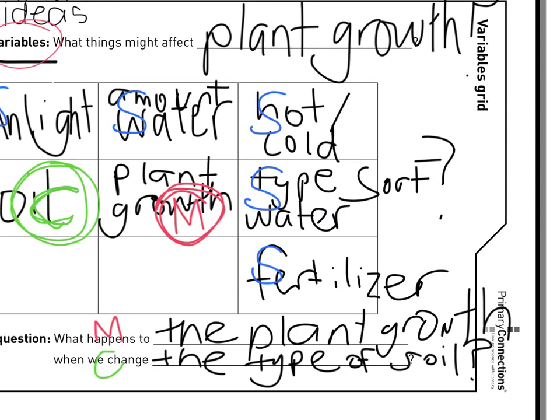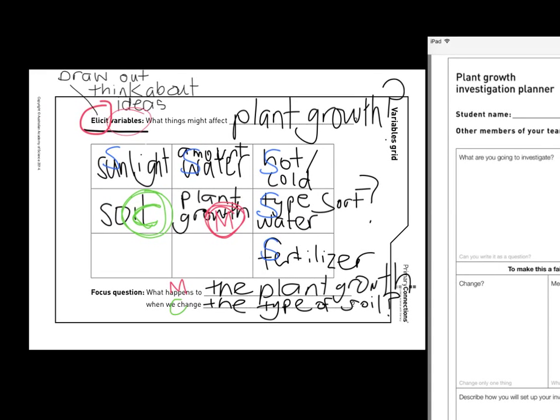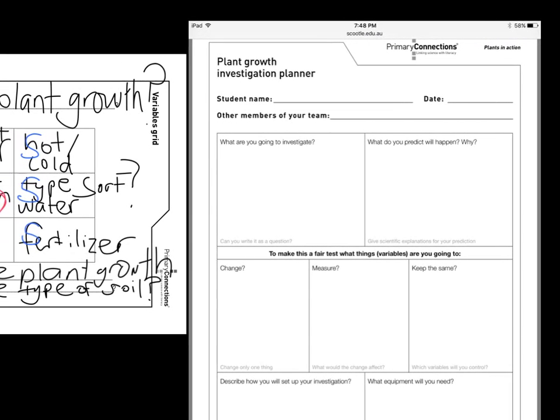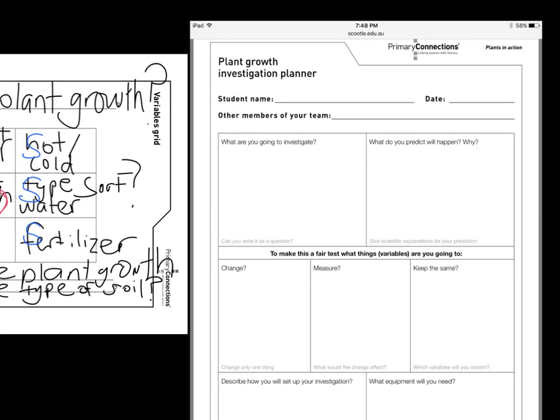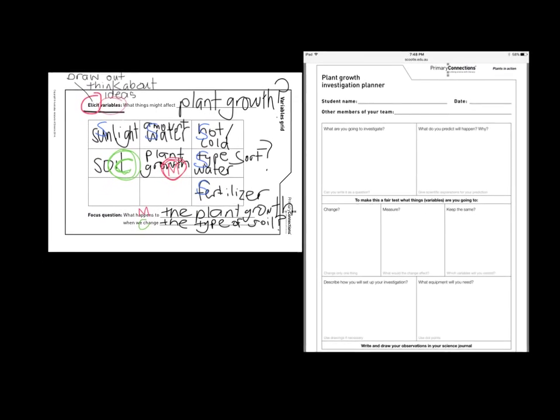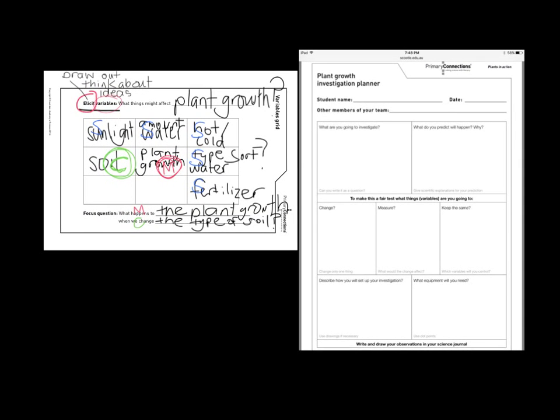Great. So now that we've done that, we've done our variables grid. We've done lots of thinking. That's why I call it a thinking grid. Now we're able to take that information that we've just come up with and we can transfer it straight over into our organised planner. Okay, now if I just shrink those down for a bit, you can see that here it says, what are you going to investigate?